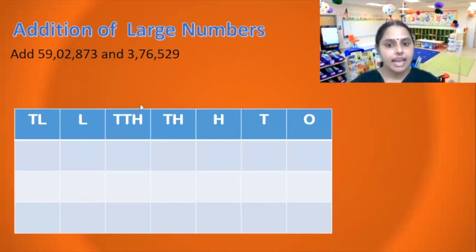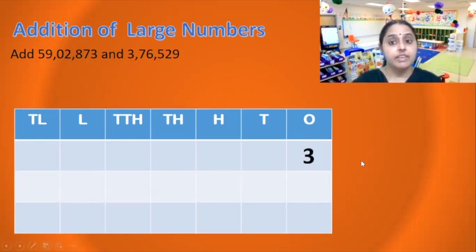For adding, the first thing we have to do is write it in the place value chart. So let us write the first number, 59 lakhs 2,873, in this place value chart. Can we write it? Okay.